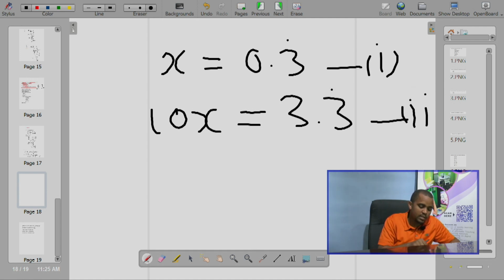So now subtract equation 1 from equation 2.